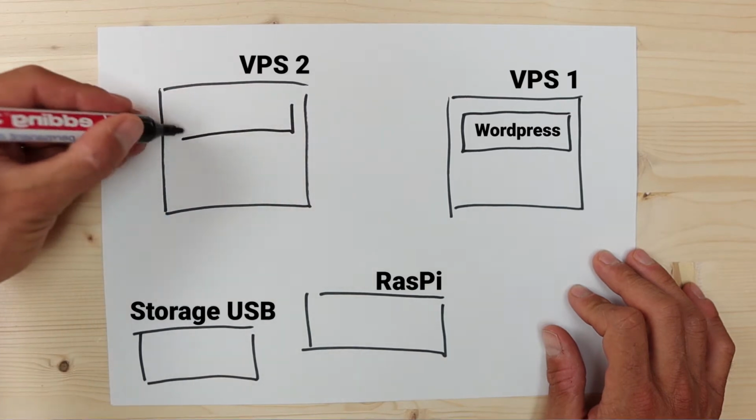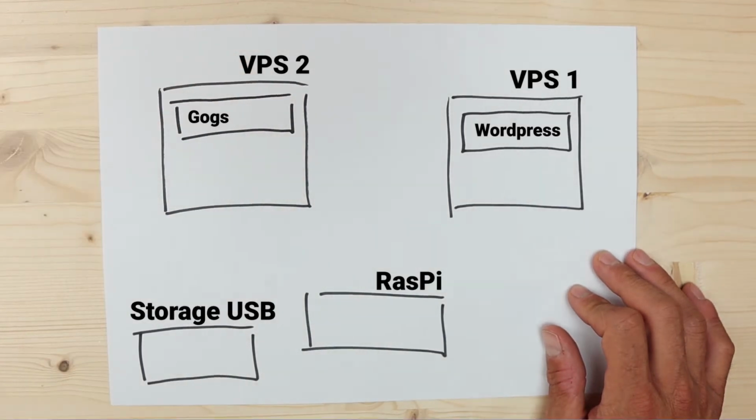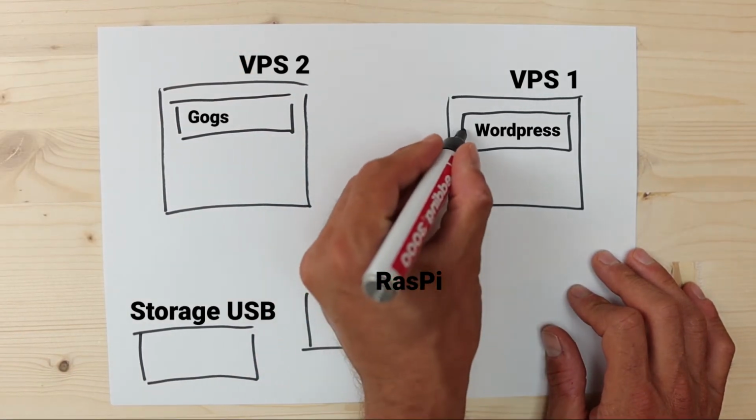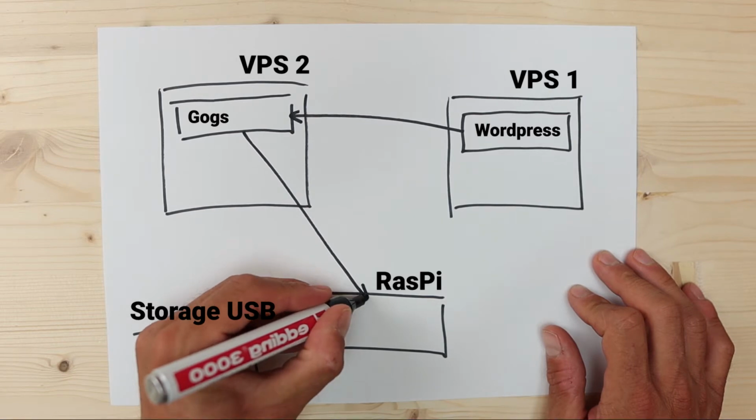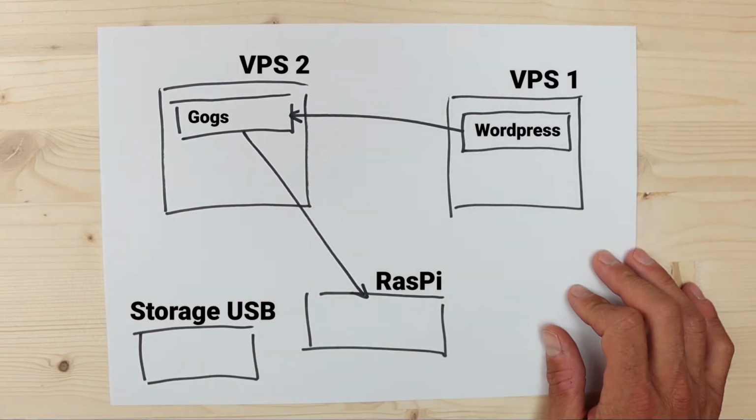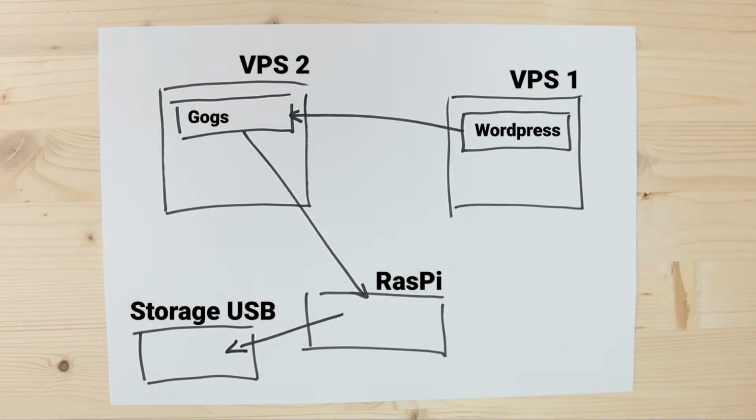I have a WordPress, which is a Git repository that pushes its backup every day to the Gogs server. And then an hour later, the Raspberry Pi pulls this backup and saves it on the storage unit. It saves this backup every day for the last 3 days, and if there are more than 3 backups, it removes the oldest one.